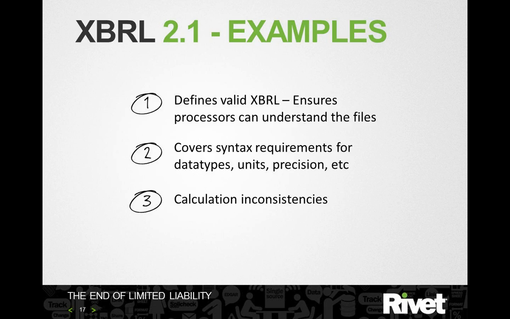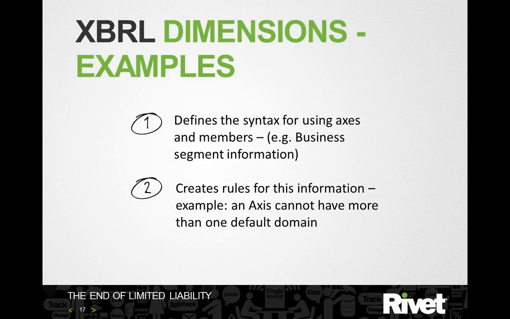It's got, like I said, hundreds of requirements that we won't go into a lot of detail about, but it ensures processors can understand the files. All these requirements serve a purpose, and that's to standardize the way that people prepare XBRL so it can be understood by XBRL processors. And it covers syntax requirements for data types, like Campbell mentioned, and units and precision. And also one that comes up a lot that filers see is calculation inconsistencies. Those are defined in the XBRL 2.1 specification.